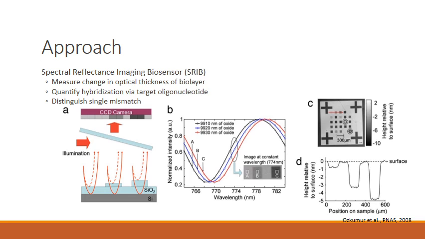Oz Kumar's group had developed a technology, published in a previous paper in 2008, that could quantify and detect interactions of biomolecules. In this technology, as shown in image A, a laser is shined onto a silicon oxide top surface, and the reflected light is imaged on a camera. If there is a change in the height of the surface as a result of accumulation of biomolecules, the optical path will differ between the top of the surface and the lower silicon base.